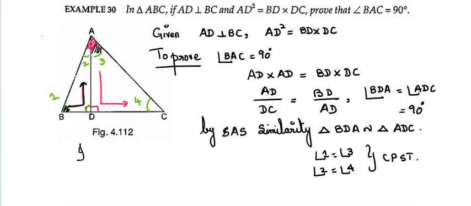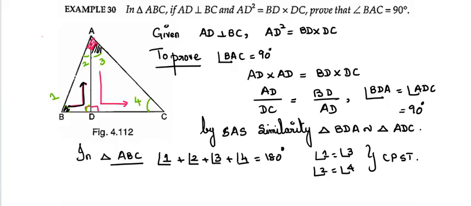Now we know that in triangle ABC, angle 1 plus angle 2 plus angle... is 180 degrees. Now angle 1 equal to angle 3, write 2 times angle 3.